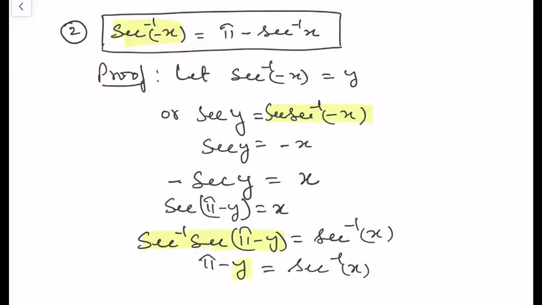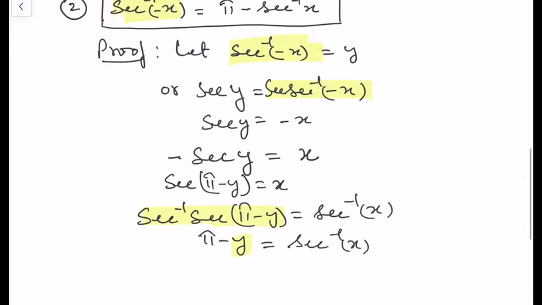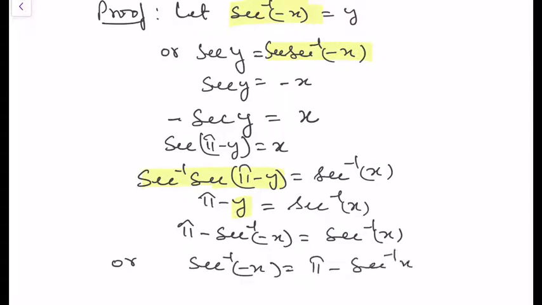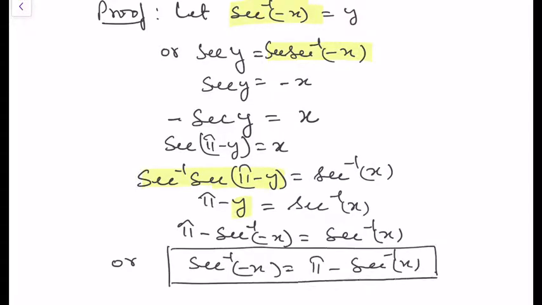Now put the value of y, which is sec inverse minus x. So pi minus sec inverse minus x is equal to sec inverse x, or sec inverse minus x is equal to pi minus sec inverse x. So this is our second property.